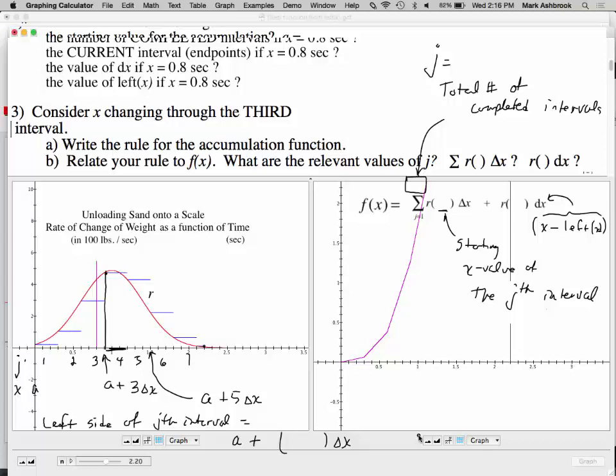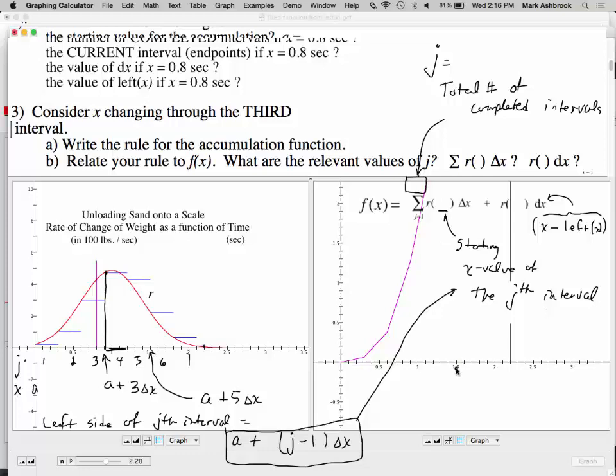If I'm in the sixth interval, I need 5 delta x's. So it's always 1 less than j, delta x's to get to the left side of the jth interval. So this is the x value at the start of the jth interval. That's why a plus j minus 1 delta x, this kind of confusing expression, goes right there.